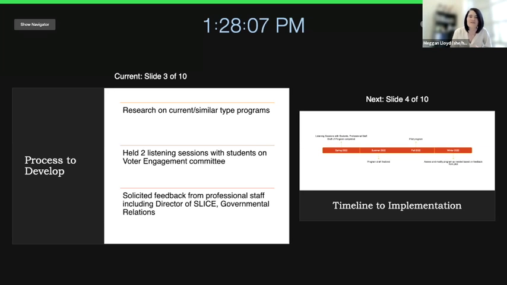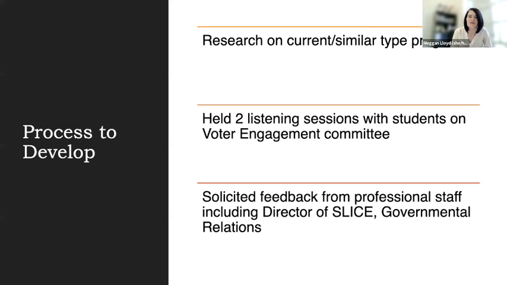I took all of their feedback into consideration, and then also workshopped it with both the director of my office as well as our colleagues in governmental relations. Their work dovetails into this in terms of what they are doing with local candidates, so I also wanted to get their feedback.